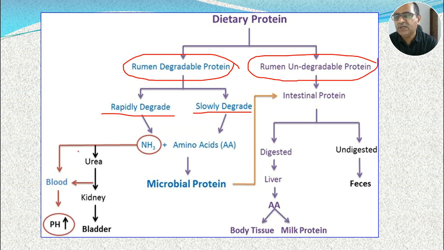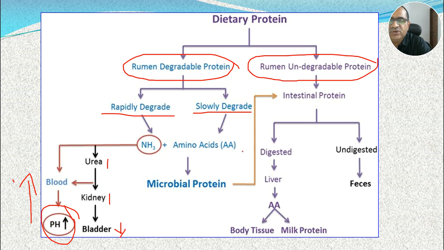The ammonia either goes directly to the blood and increases the blood pH, and sometimes if it is too much, the non-protein nitrogen may cause toxicity. Whereas from the ammonia and amino acids, urea may be produced; the urea goes to the kidney, then is secreted through the bladder into urine.